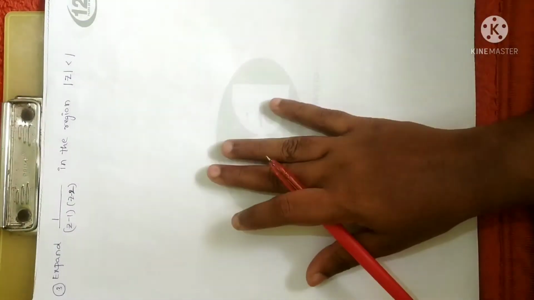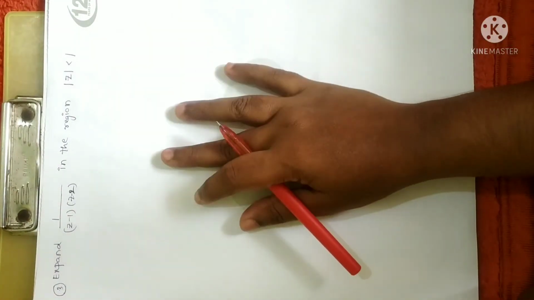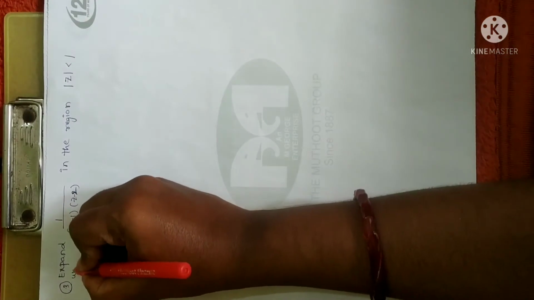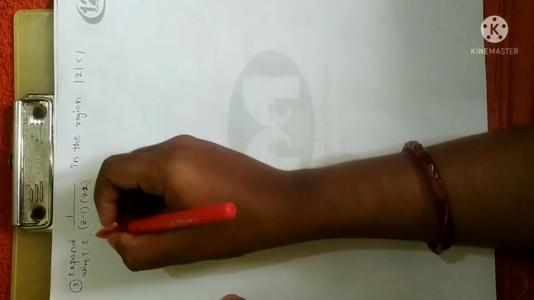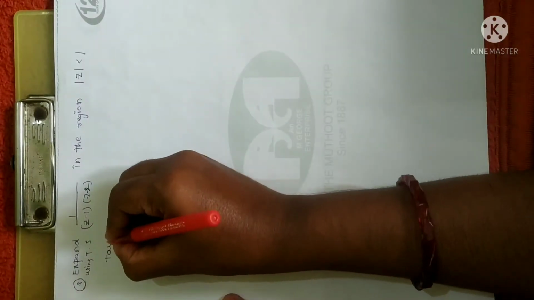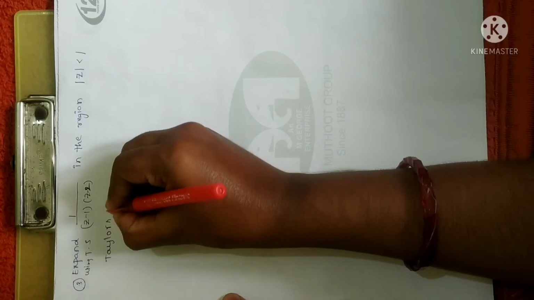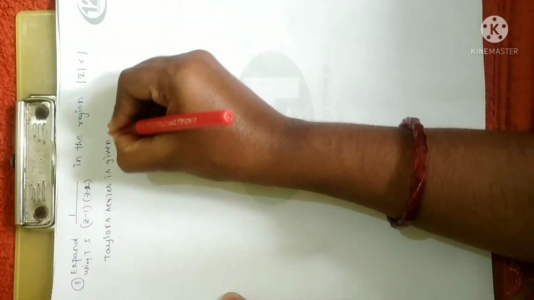Now we have to expand this by using the Taylor series. Whatever I am doing now is based on the Taylor series only. So expand using Taylor series. First step, you can write the series, that is Taylor series is given by, hope you remember the concept.